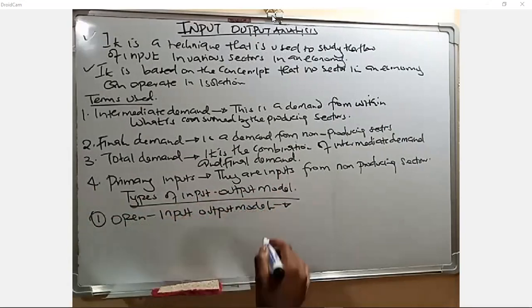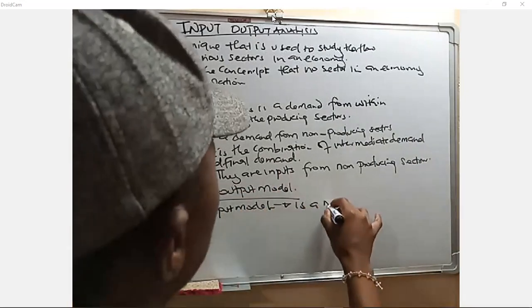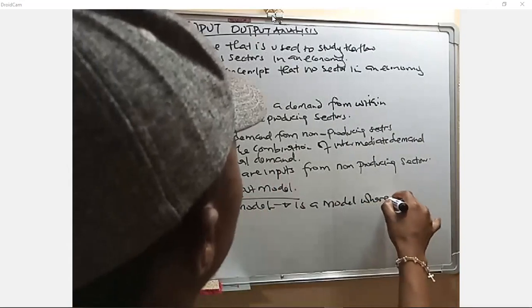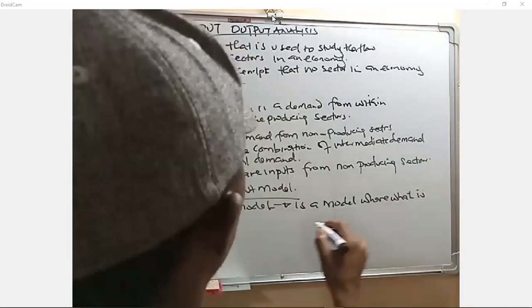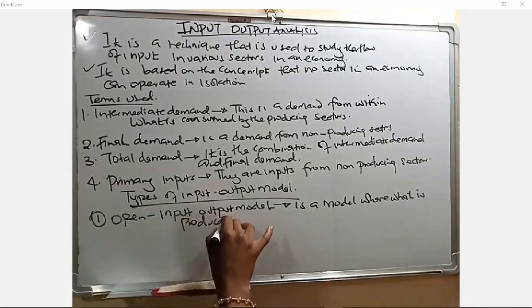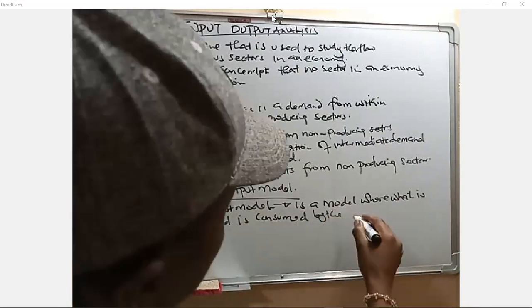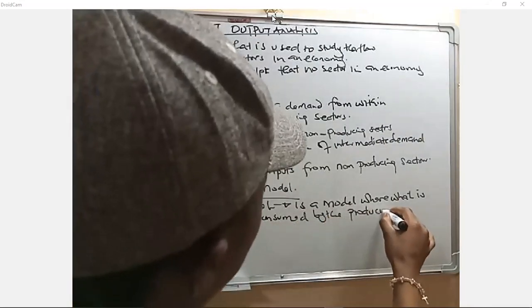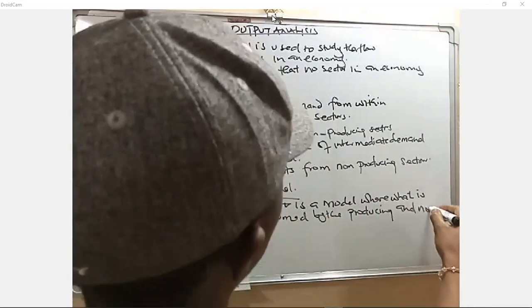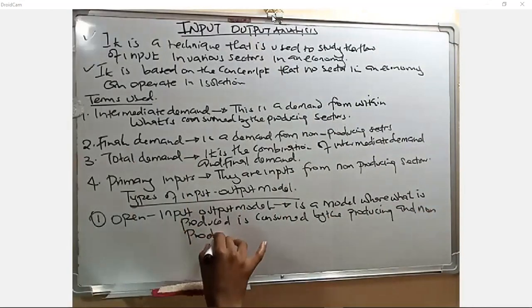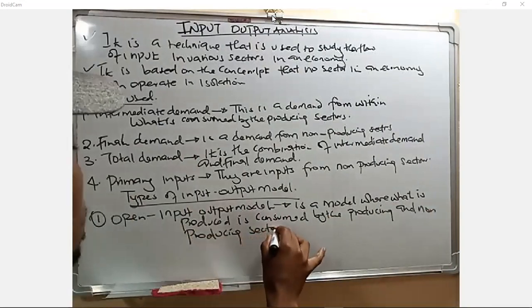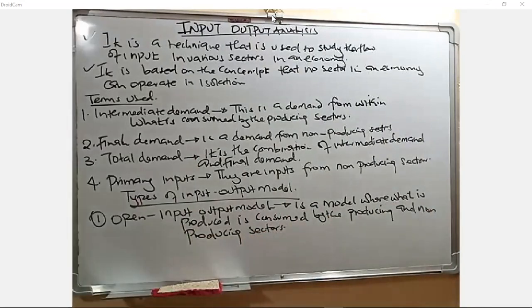And we say that the open input-output model is a model where what is produced is consumed by both producing and non-producing sectors.